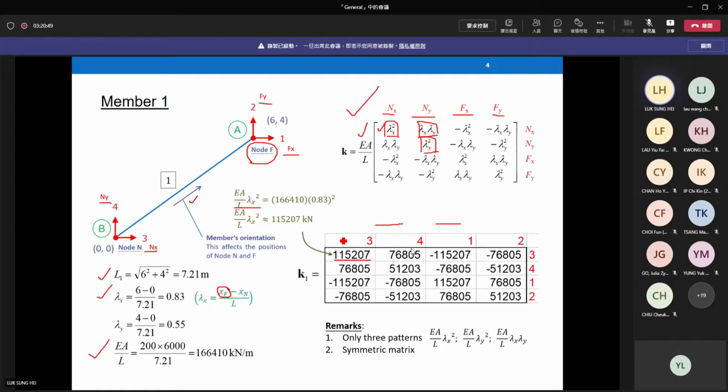Some remarks at the bottom. We have only three patterns, and the matrix is symmetrical. You don't need to evaluate the whole matrix. You just need to evaluate one triangle, and then reflect to the other side, using the axis of symmetry, which may help you speed up your calculations.